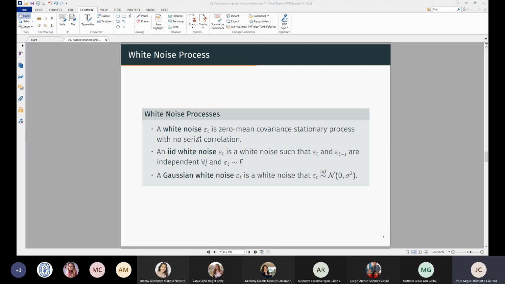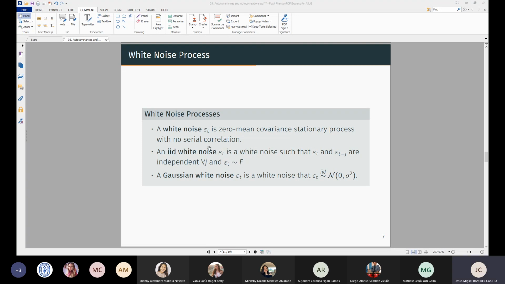No tener serial correlation means the covariance between, in this case, epsilon t and epsilon t minus j should be zero. Okay, that is having no serial correlation. The correlation should be zero, or covariance, or autocovariance is zero.